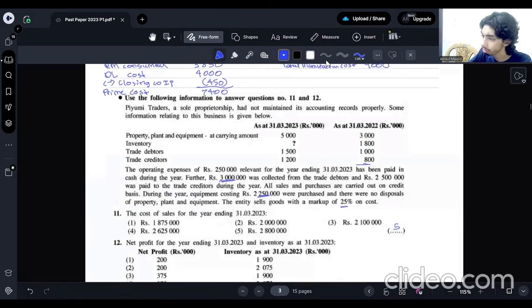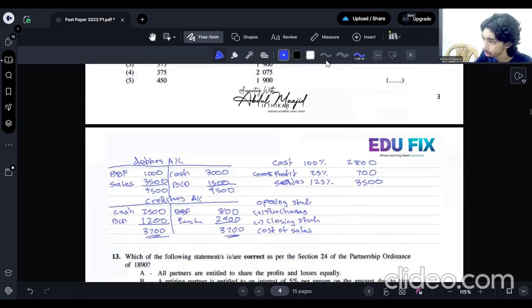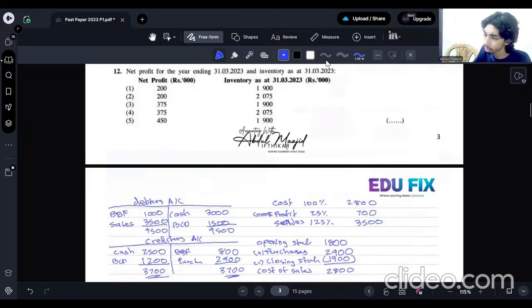The opening stock value is 1,800,000. Purchases we found as 2,900,000. Cost of sale we found as 2,800,000. Then how much will be your closing stock? You can reverse and find: 2,800,000 minus 2,900,000 minus 1,800,000. Your closing stock will be 1,900,000.